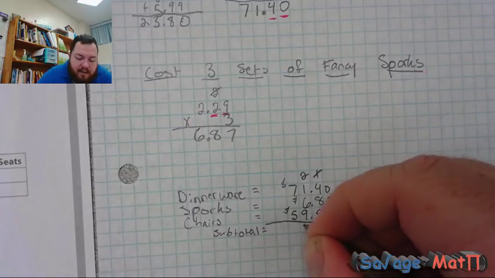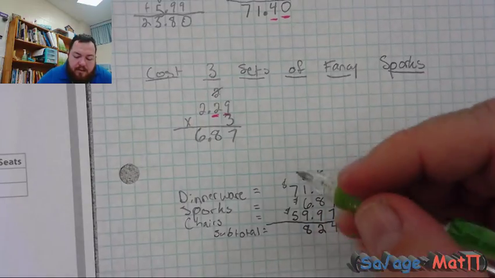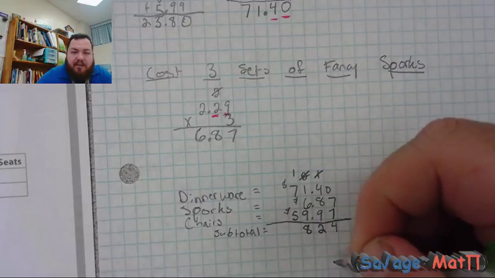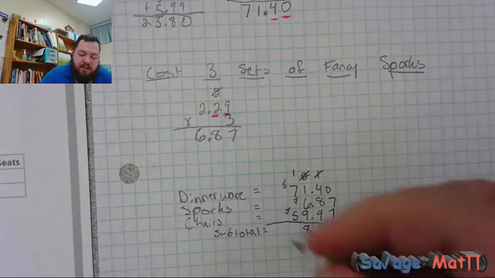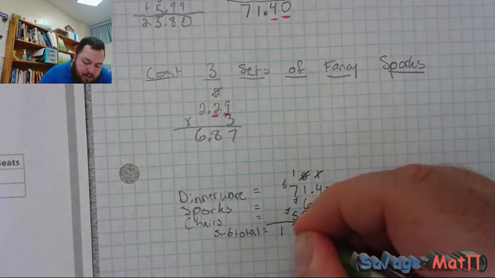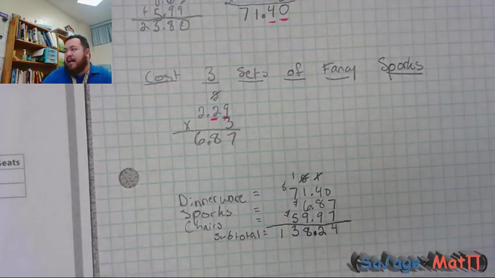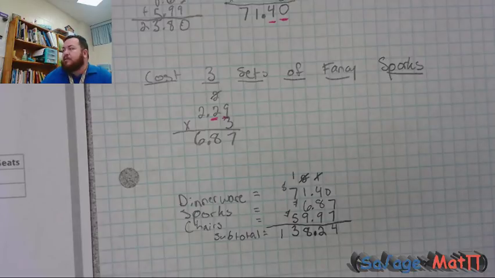Plus 9 is 18. Carry the 1. 1 plus 7 is 8. Plus 5 is 13. Bring down my decimal. So without tax, I'm going to spend $138.24.